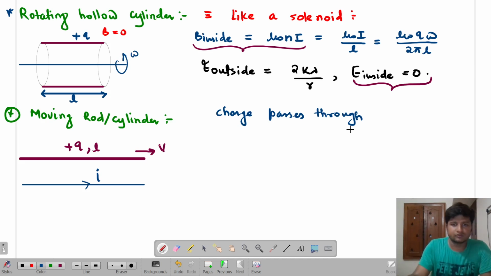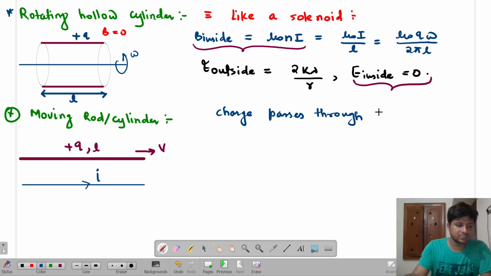No, why will 2 pi r come suddenly? It's a cylinder or anything, but the charge is rotating, moving with the velocity. So let's define.